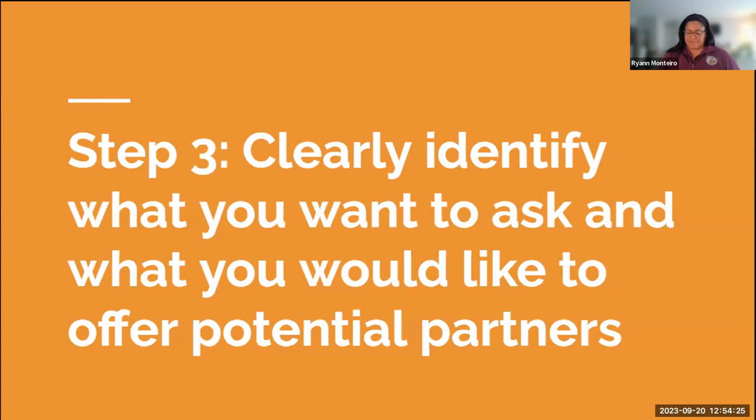A lot of Indigenous people get requests all the time to do things or to be a part of things. And by going through these 3 steps, you're taking the emotional labor off of the person that you're asking and laying it out and being forthright, and clearly identifying it.